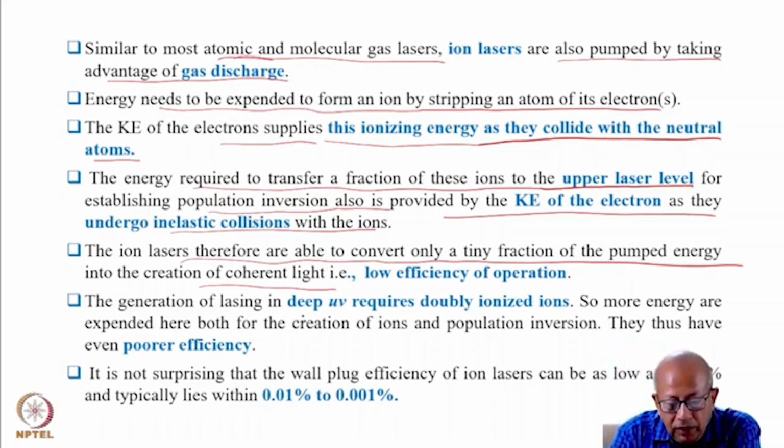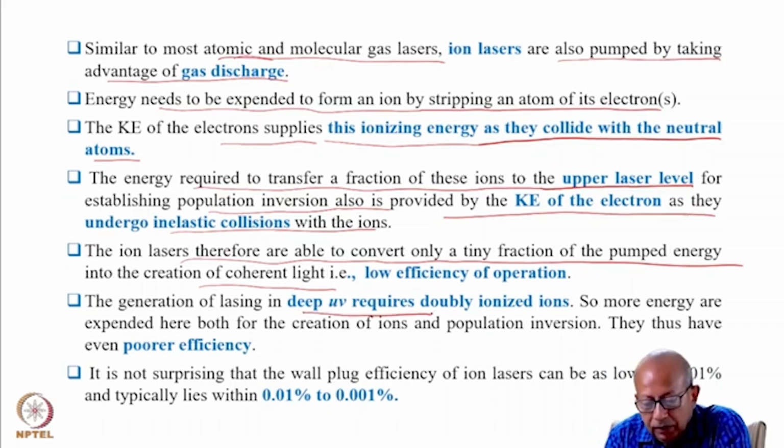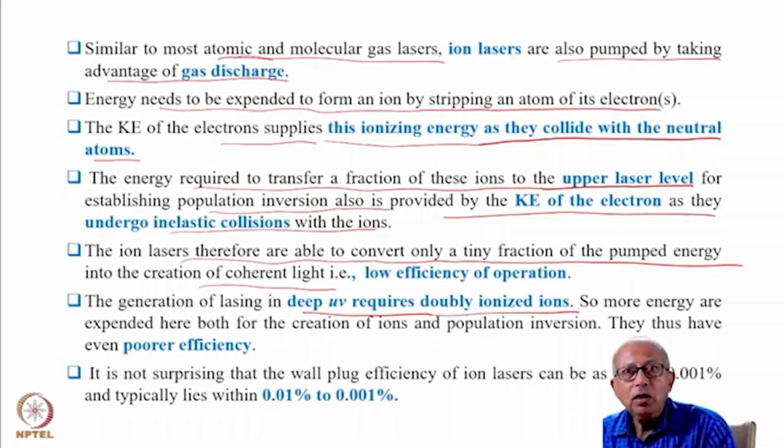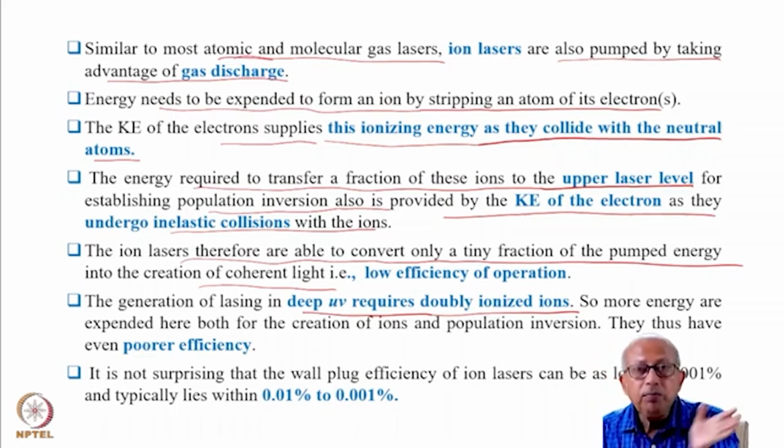And generation of lasing in deep ultraviolet requires doubly ionized ions. If you have to reduce the wavelength of the light that will be emitted, that means if you want to go to the deep UV, then you will need the electron to be bound with the nucleus even more strongly, so that you need to expend more energy to excite the electron, so that the separation of energy levels of the electron is even more.